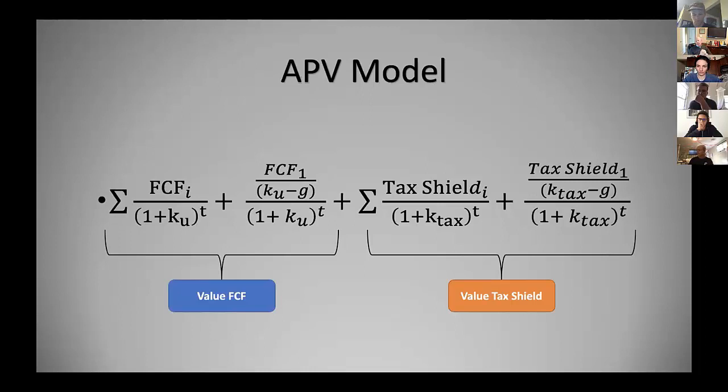But what if the company had debt, so plenty of interest expense, but there was no taxable income? So we got to the point where taxable income was zero. What would be the value of the tax shield if taxable income is zero?